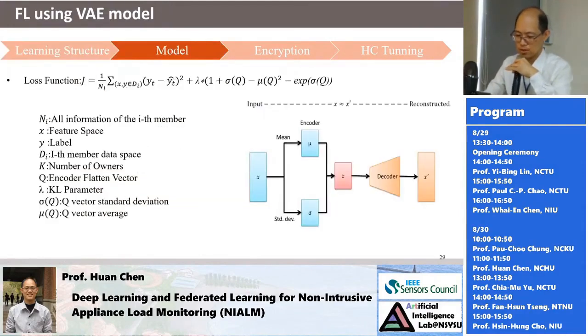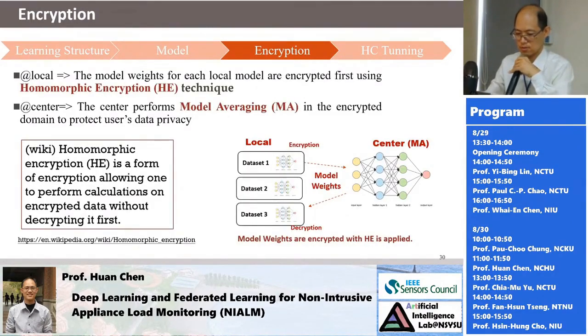We use the neural network model variational autoencoder. This is a more advanced model than the aforementioned ones. The variational autoencoder replaces the CNN.